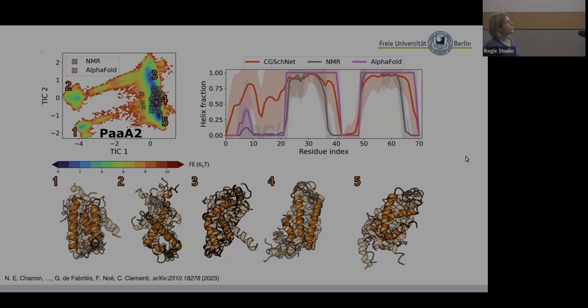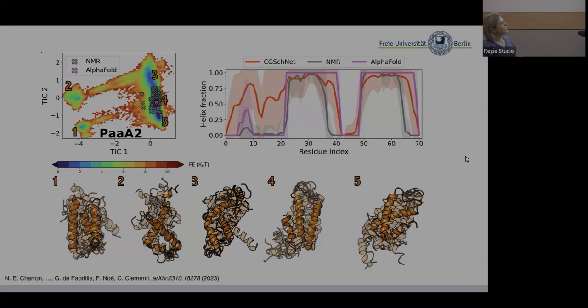For this protein, there are 50 NMR structures. So this is our landscape as a function of two collective coordinates. We find that all these gray crosses, the NMR structures, are collapsing into the deepest minimum in our landscape. So the deepest, the most stable minimum corresponds to an NMR structure.